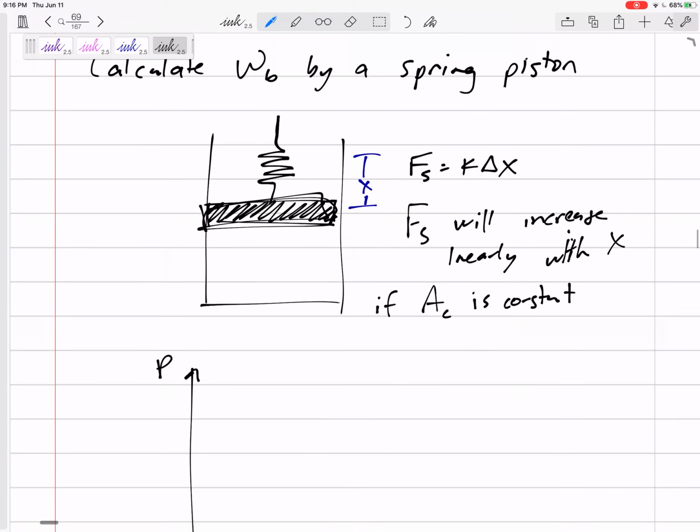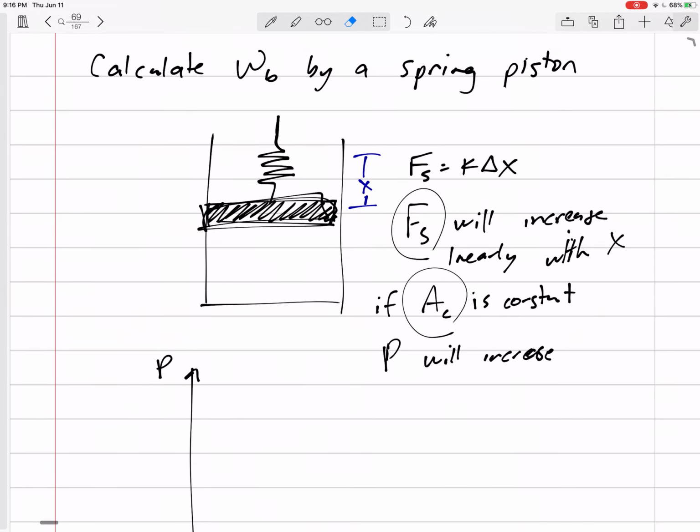If the force is increasing linearly and the area is constant, then the pressure will increase linearly with x.